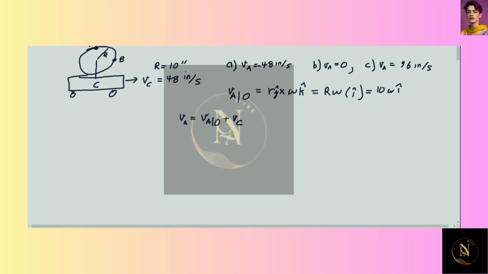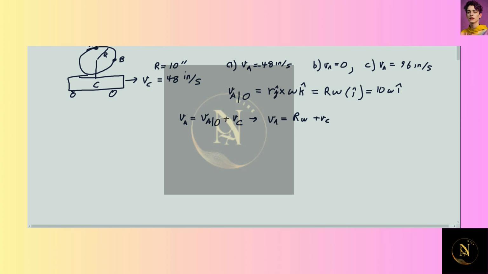So we want to then solve this for omega. We have VA equals, everything is in the i hat direction, so I'll neglect that for now, R omega plus VC.